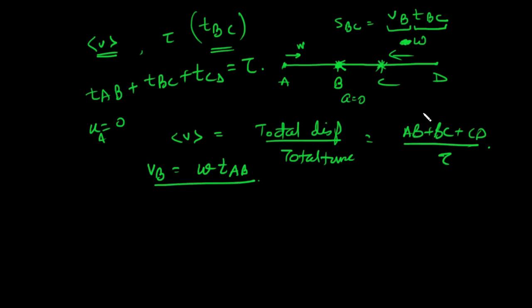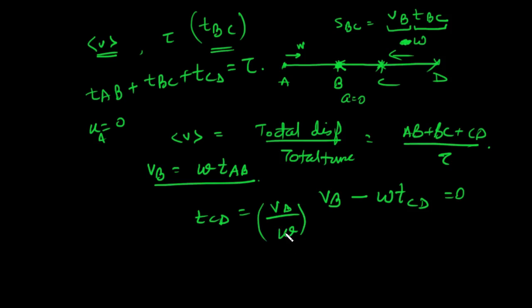The deceleration happens and it stops at D. The initial velocity was v_B, because v_B has continued from B to C. So v_B minus w times the time taken from C to D equals 0. So the time taken from C to D is v_B by w.